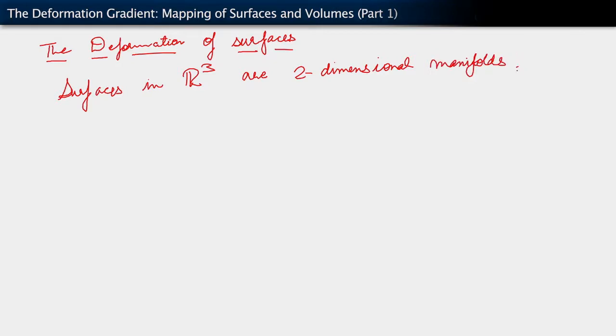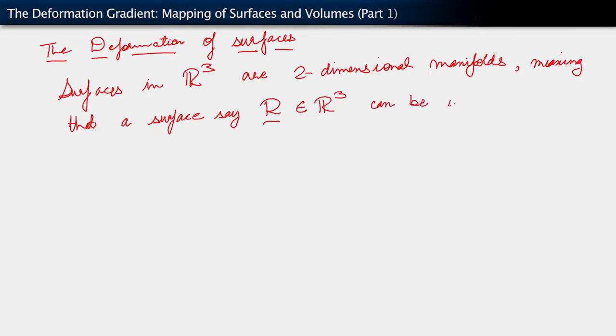By which we mean that a surface R belonging to three-dimensional space can be constructed as a map from two-dimensional space. Okay? Very obvious example of this.